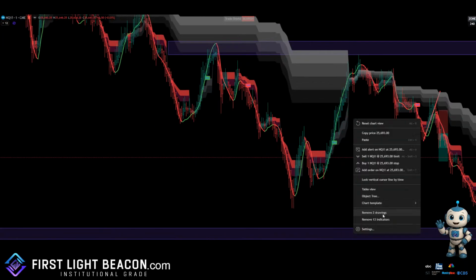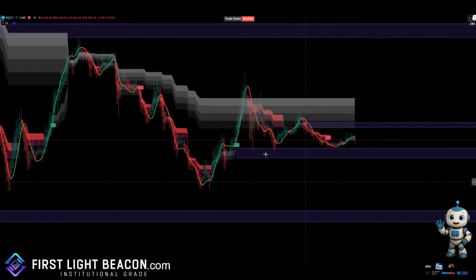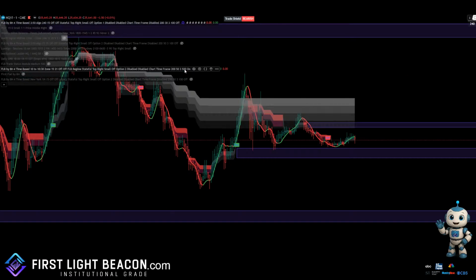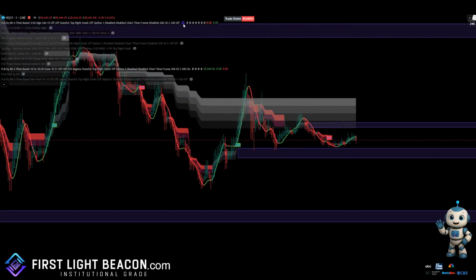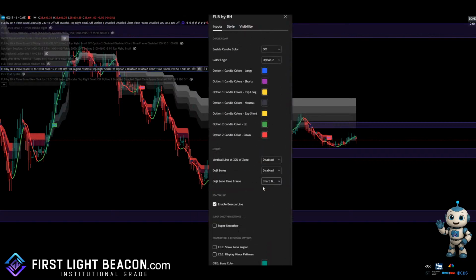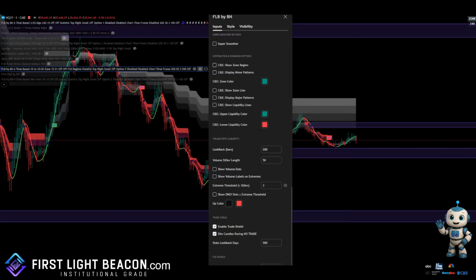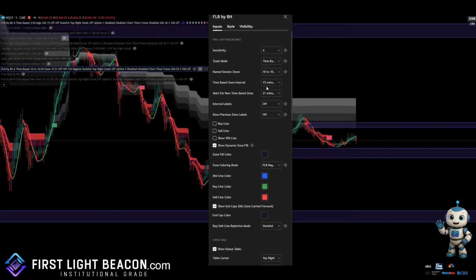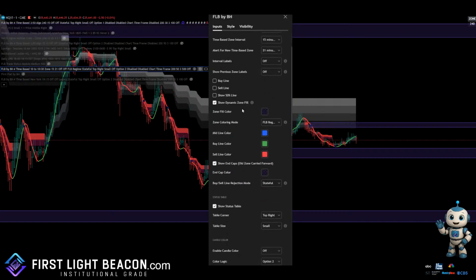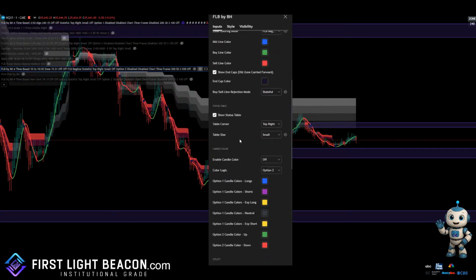So that is the update to the system. If you haven't updated it, you'll get a little purple thing right here that says update available, and it'll update right there. You don't have to re-download or do anything with it. As far as settings go, we haven't really changed much. You still have your session and everything in there. Your buy lines, you can turn off, whatever you want to do.